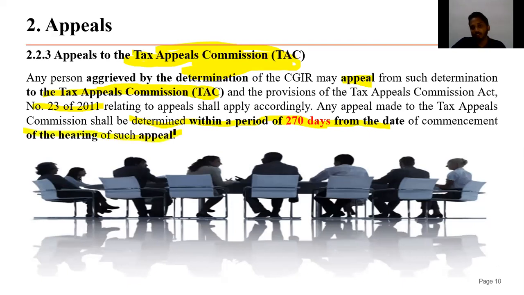From the first hearing onward, they have only 270 days to determine the appeal. Then they will hear the appeal. There are a number of board persons to determine the appeal. If you are willing to have more detail, you can refer to the Tax Appeal Commission Act.